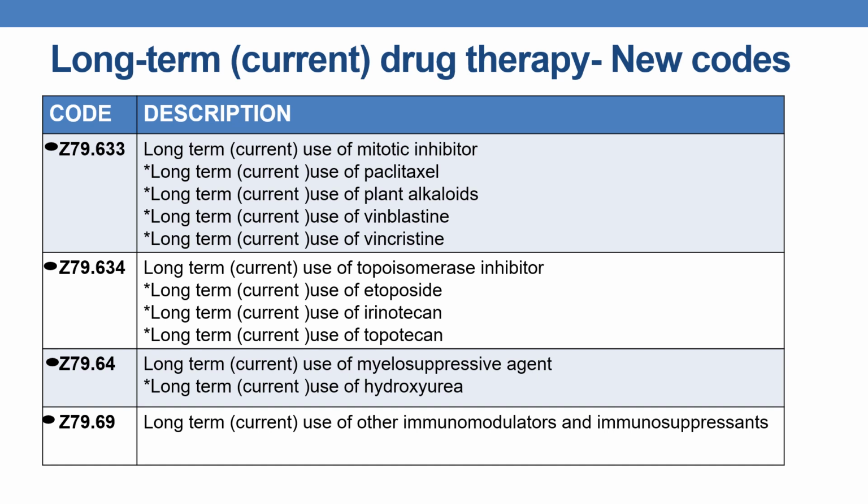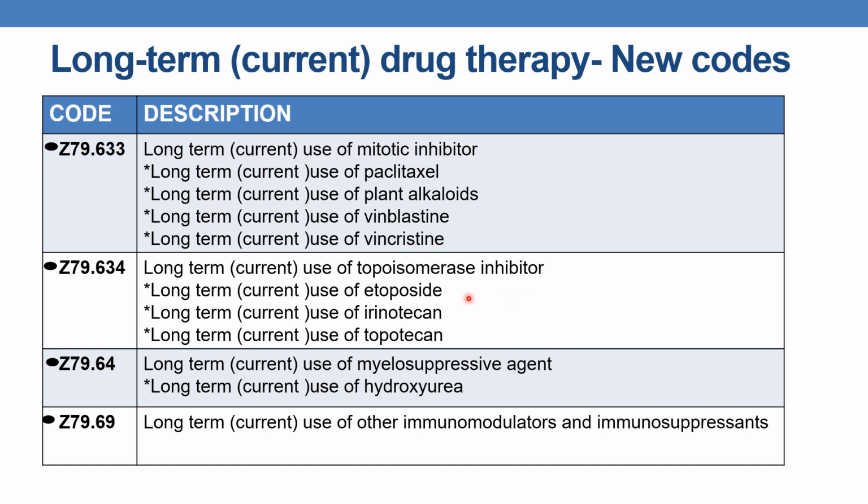The next code is Z79.633, long-term use of mitotic inhibitor, examples of drugs are paclitaxel, or long-term use of plant alkaloids, for example, vinblastine and vincristine. In all these cases, the code is Z79.633. The next is Z79.634, long-term use of topoisomerase inhibitors.